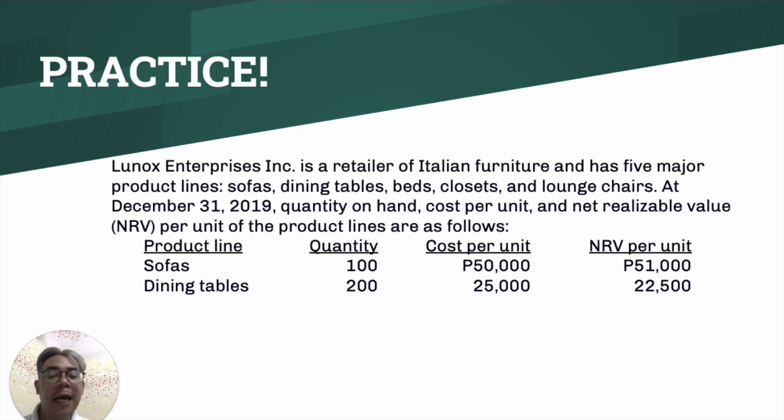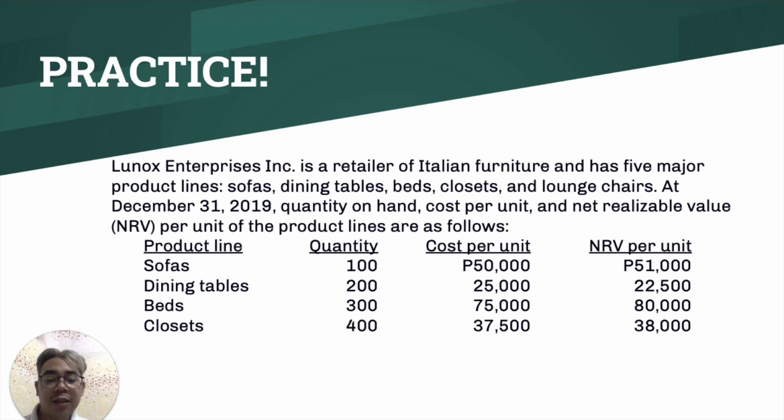So in this case, merong write down. For beds, 300 yung quantity, cost per unit 75,000, while NRV per unit is 80,000. So mas mababa again ang cost, walang write down. So ang ginagawa natin item by item, hindi po by total. For closets, quantity is 400, cost per unit 37,500, and NRV per unit 38,000.